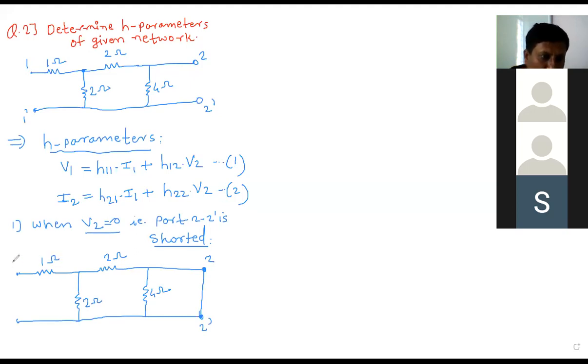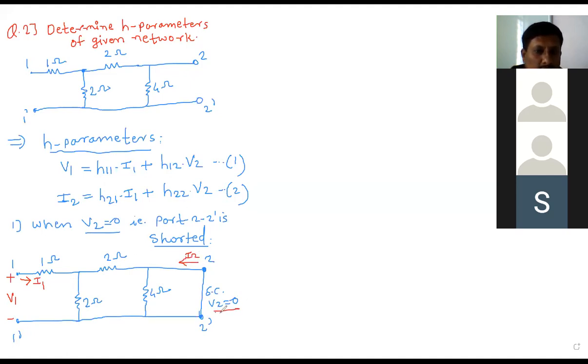Very good, because a short circuit is beside it, that is V2 equal to 0. So the 4 ohm gets open. Here V1, I1 is present, and I2 is present.